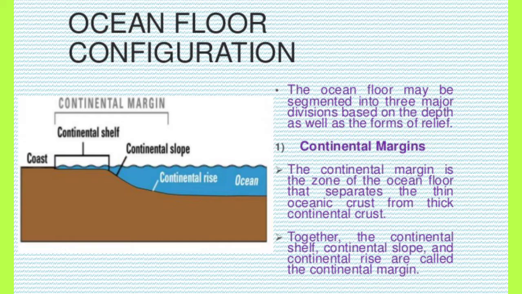It consists of three different features: the continental rise, the continental slope, and the continental shelf, as you can see in this given picture. Continental margins constitute about 28% of the oceanic area.